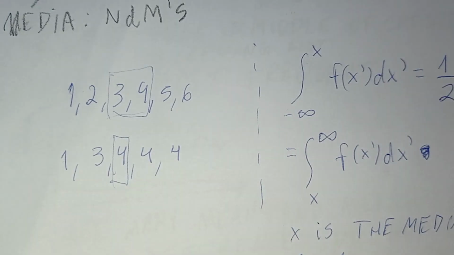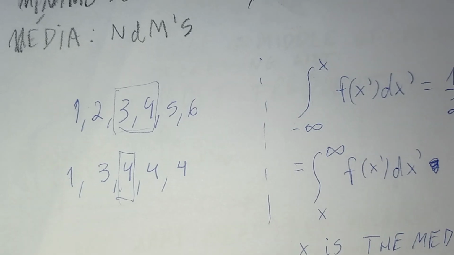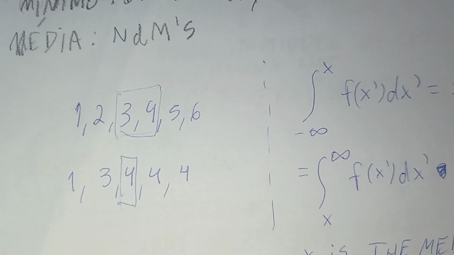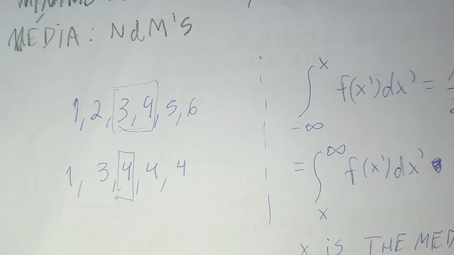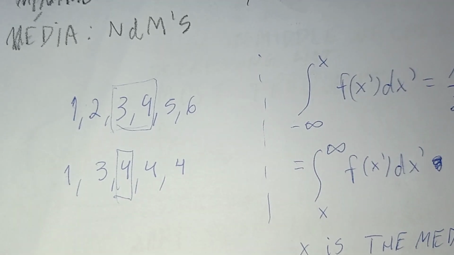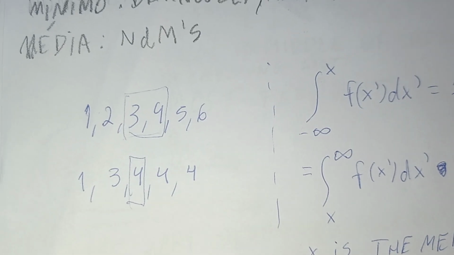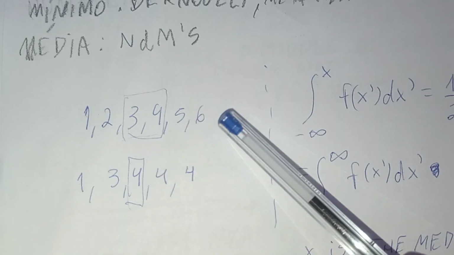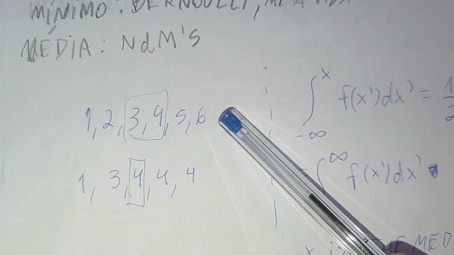And for quite a few distributions, the mean and the median are going to coincide, but there is a difference between what happens in the mean and what happens in the median. A case in point is if I added another number here, a very huge number.